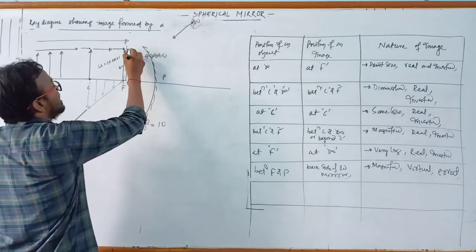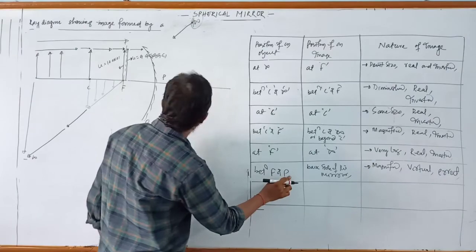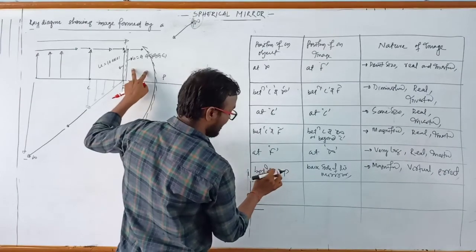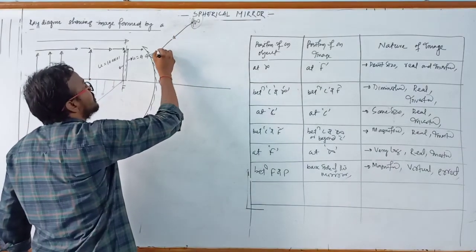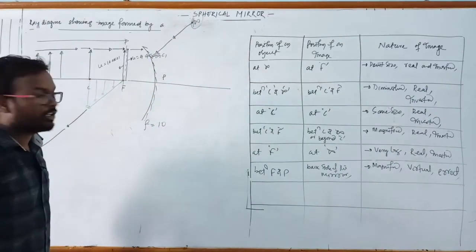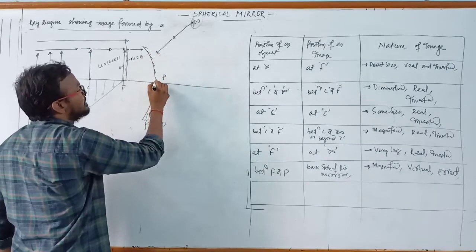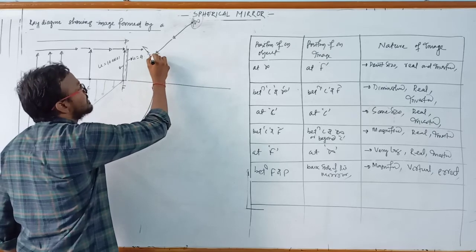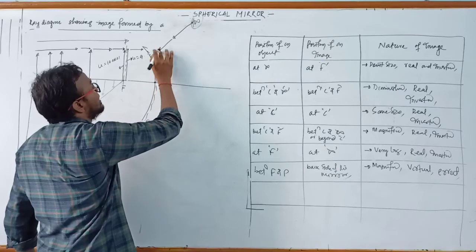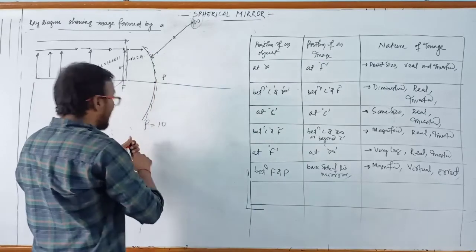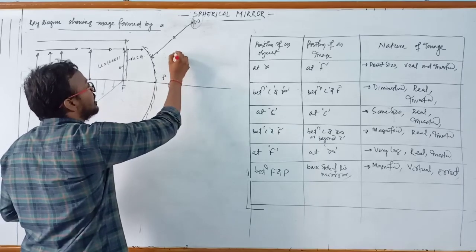Again, when the object is in between F and P, the back side of the mirror, we get the image in this direction. Clear? Another last point: when the object is at the pole, the image is also at the pole. Okay, if we place an object here, this object is known as a virtual object, not a real object.